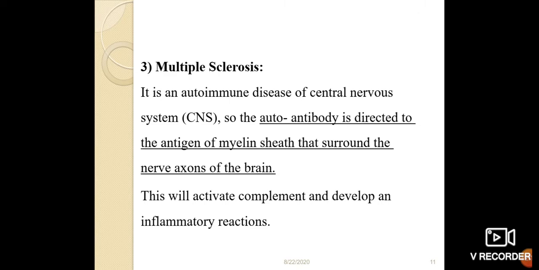Actually, this results in neuritis and inflammation of the neurons, and also misconduction of the nerve signals. This will activate complement and develop inflammatory reaction around the neurons. It also affects the central nervous system and the neurons.